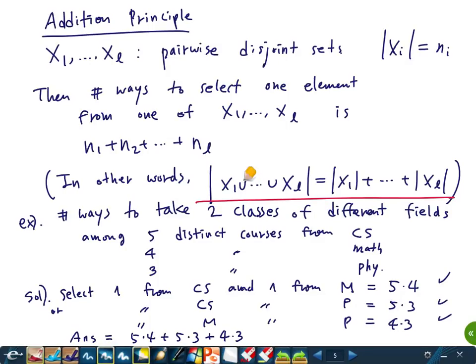If they are mutually, or pairwise, disjoint, it is very easy. But in general, if you have many sets, they may have some intersection. How can you compute this when there are intersections? And this is the principle of inclusion exclusion. So the inclusion exclusion principle.